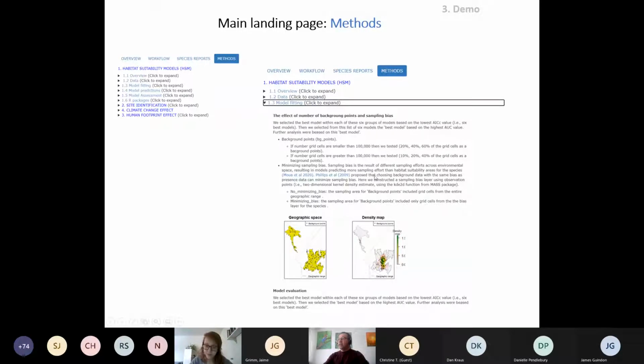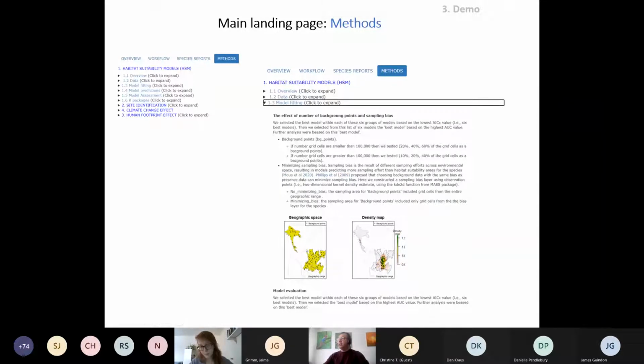In model fitting, it's very important that people understand how we dealt with, for instance, the effect of background points and sampling bias. So people can go back and read, and there are some important links if they want to go into detail about these topics.